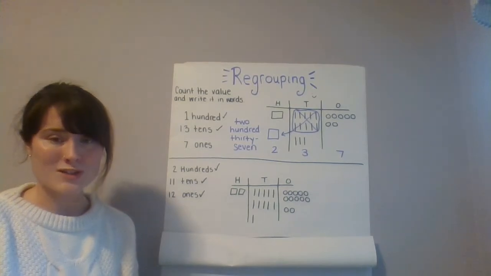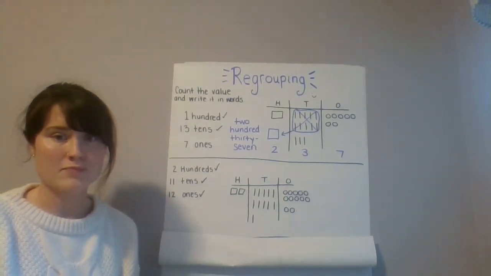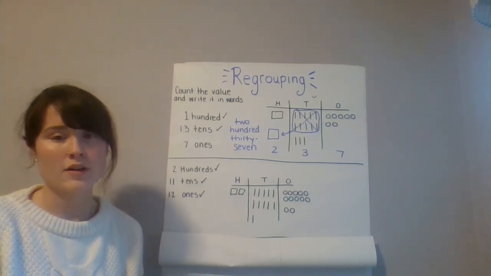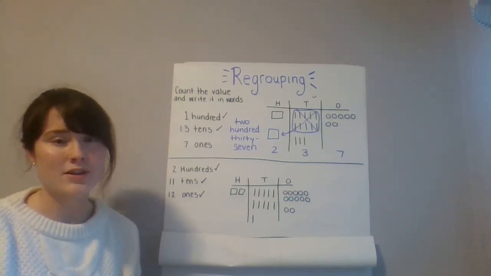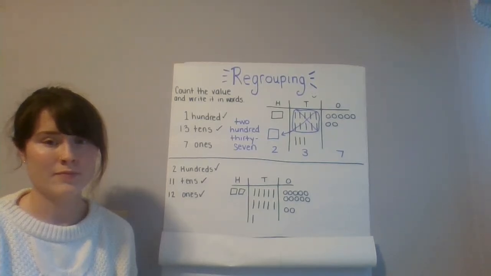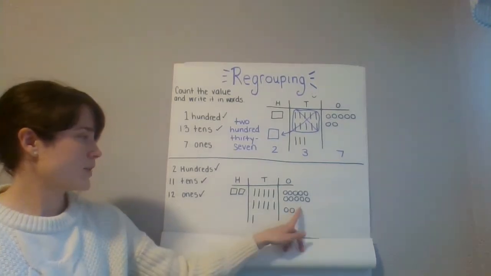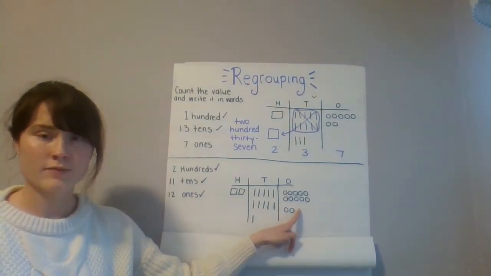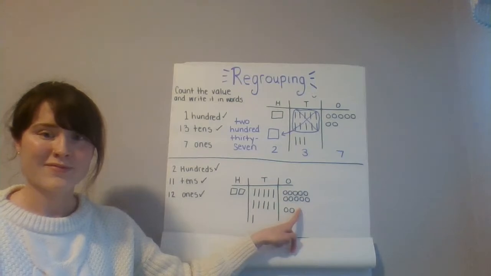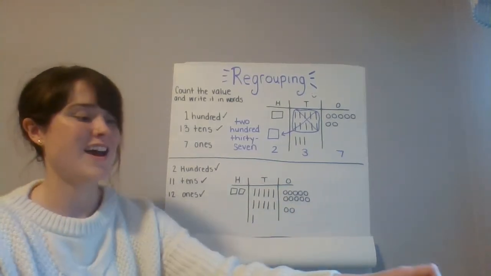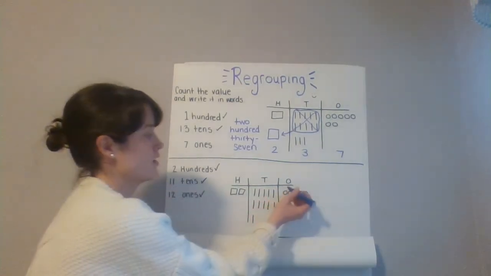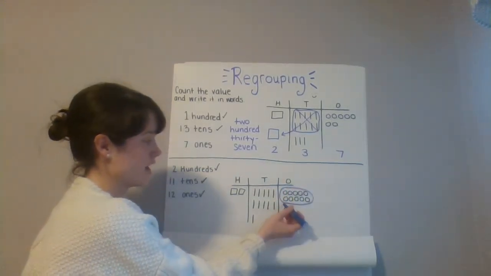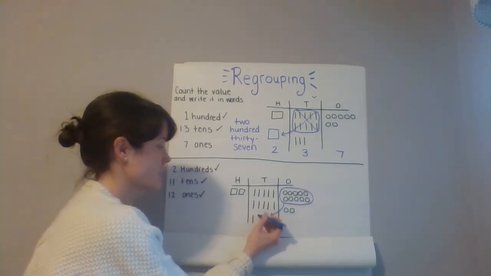Now I want you to notice the drawing in your place value chart. Where do you think we could use regrouping to help organize this and make it easier to count? I notice we have a lot of ones. How many ones should we make a group of? Good, we should make a group of 10 ones because I remember that 10 ones is the same value as a 10 stick.